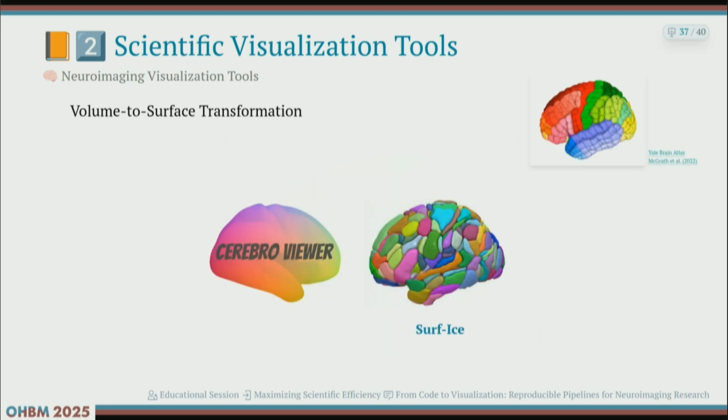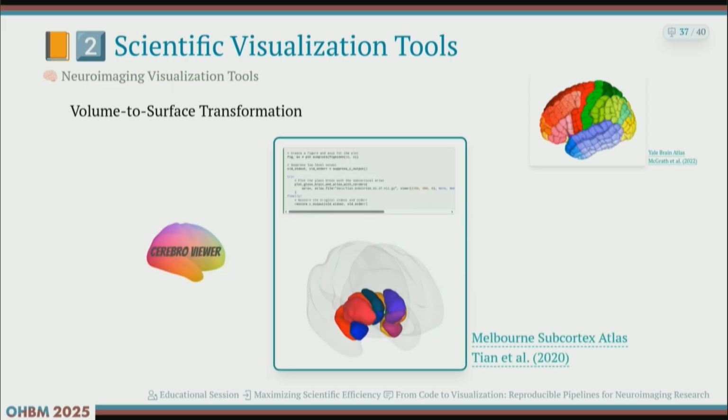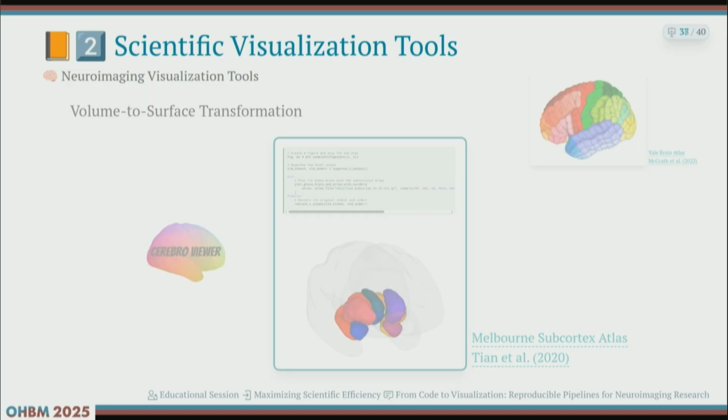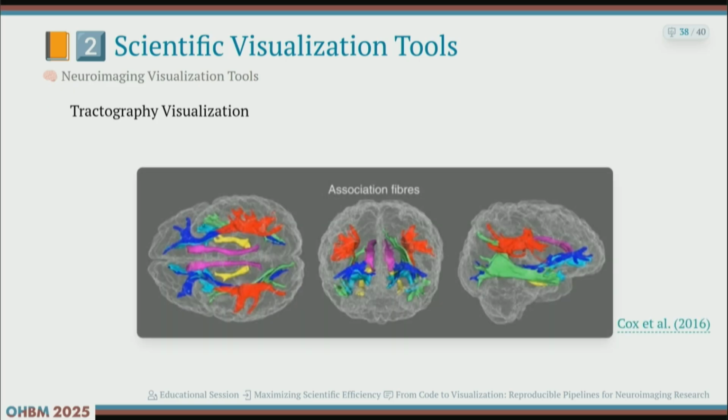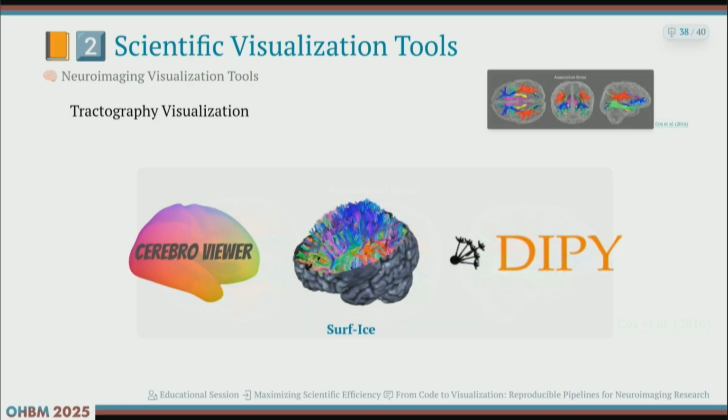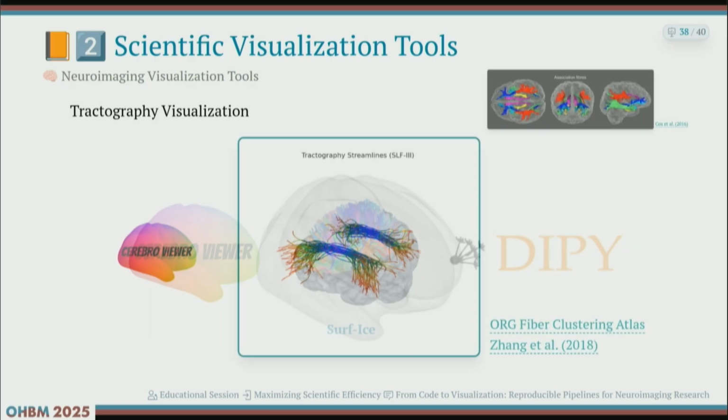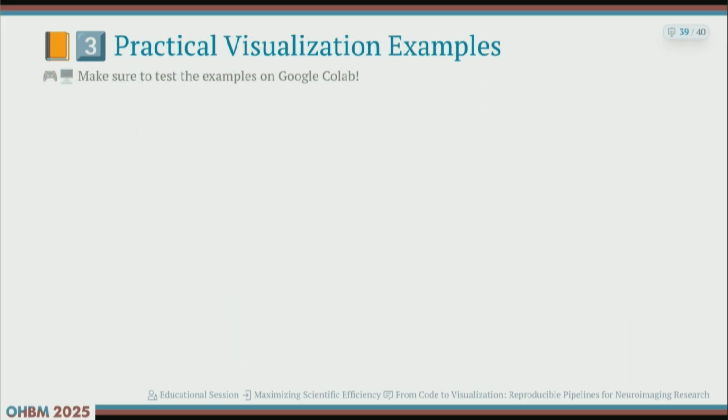There are a few tools that I know that can make these, and I've provided a single example of visualizing this subcortical parcellation atlas with code. The next type of visualization that I've provided examples of in the notebook is tractography visualizations. There are a few tools that do it, including Surface and Cerebro. And I have provided a single example of a tool that does it in code.